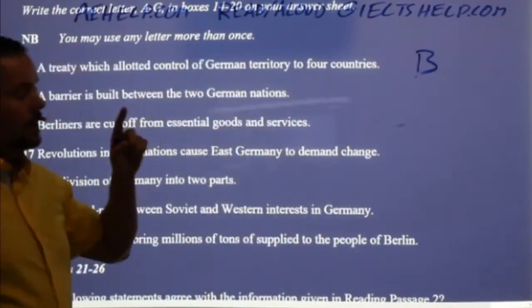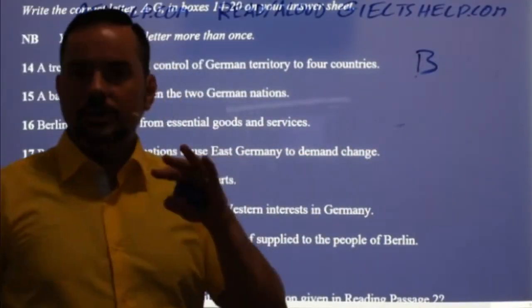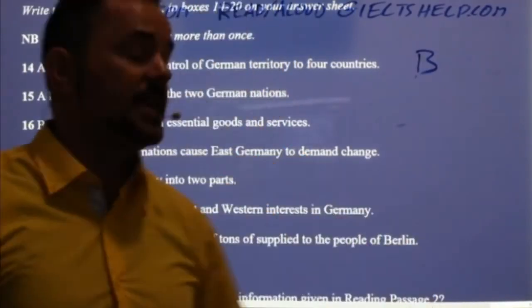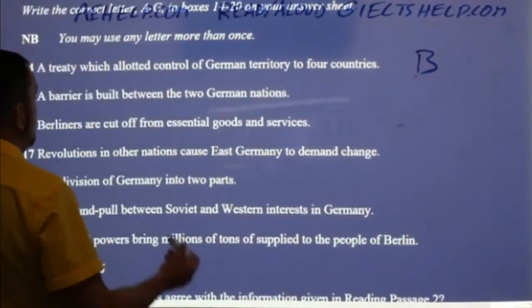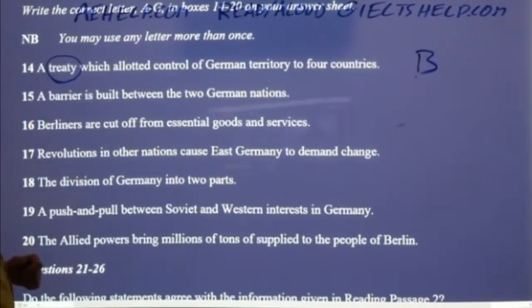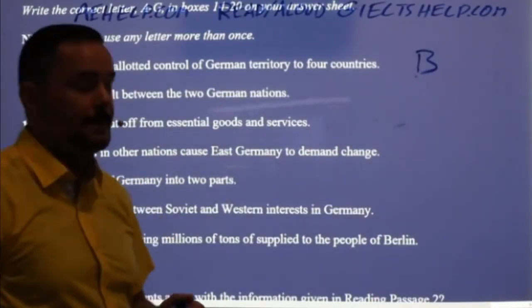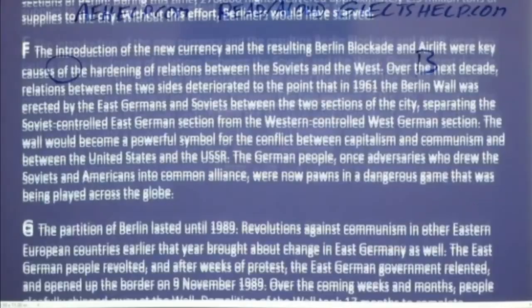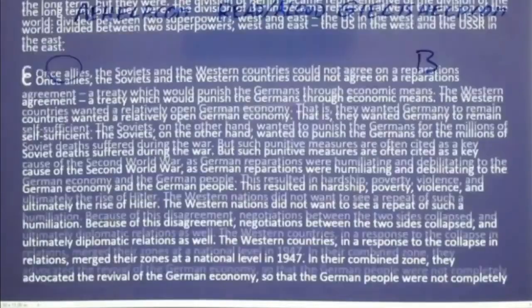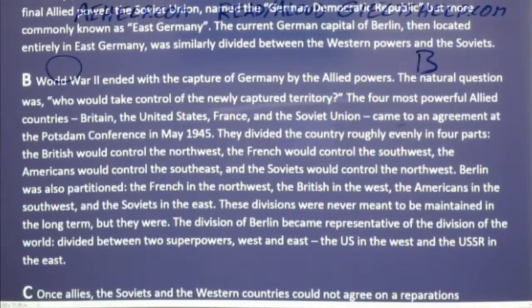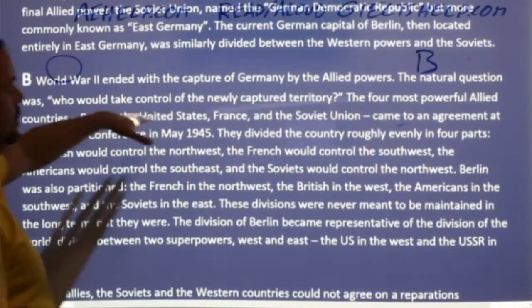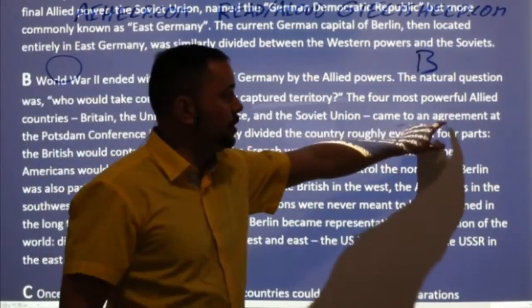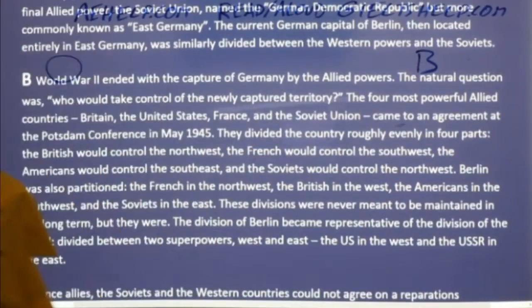Now, notice what happens. I'm going to show you what happens if some of you are thinking keywords and skimming and scanning. So some of you might say, ooh, I'm going to skim read for this word treaty. Okay? Because you're using a skim reading strategy. So you start skim reading, and you'll realize that you don't see the word treaty in here, because here you actually see the word agreement, which is a synonym.